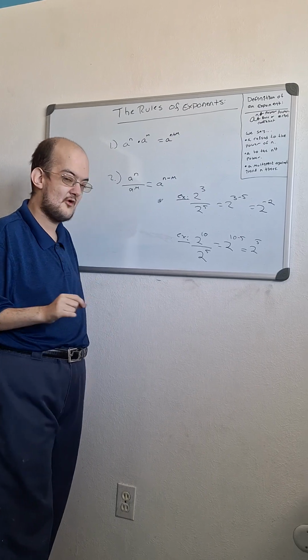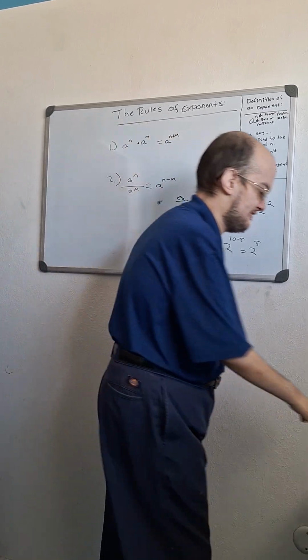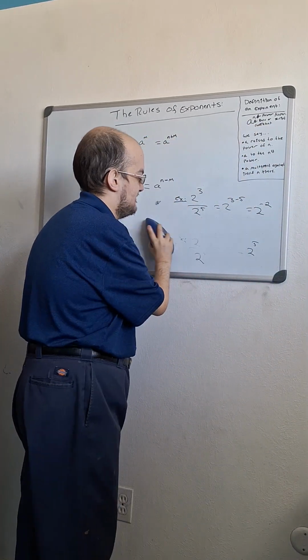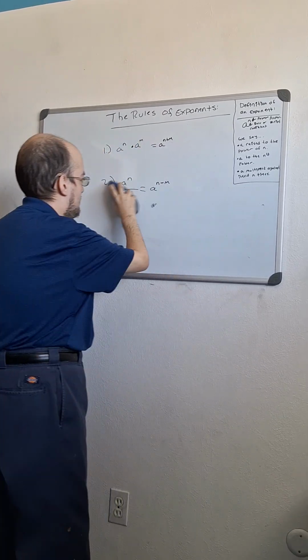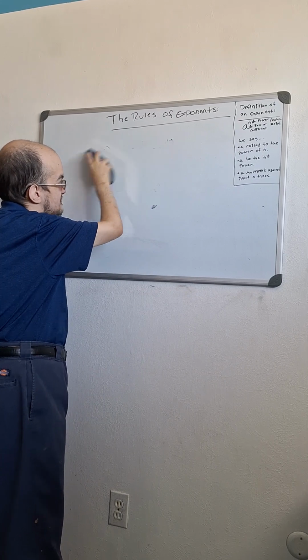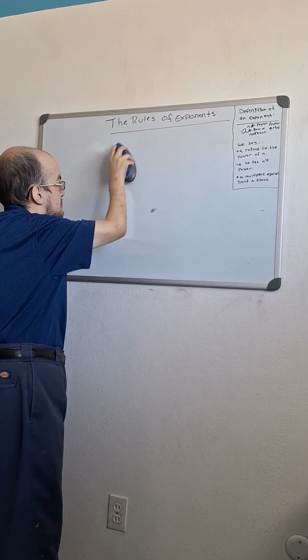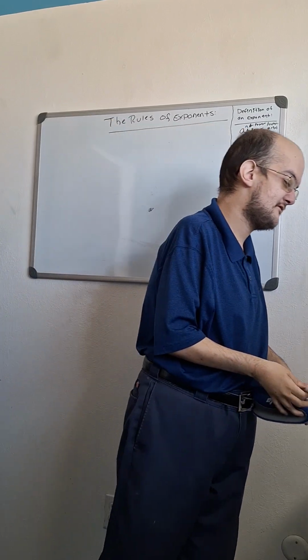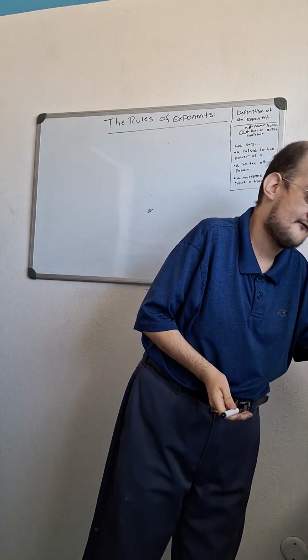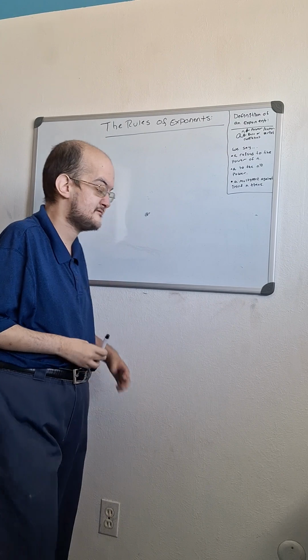We're going to do one more example and then we're going to end this video. Not one more example, one more rule, and we'll do another video soon with more rules, because in all actuality, there's probably about anywhere from 10 to 15 rules of exponents.